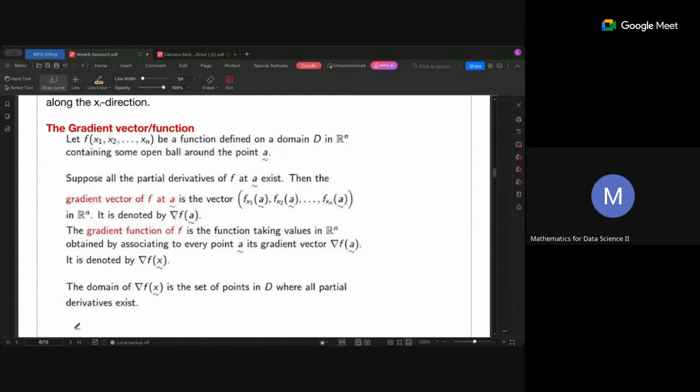Suppose you are having a function of several variables, then you find the partial derivatives with respect to each of these variables in the domain and put them as a vector. That will give you the gradient vector. Okay. So what is the domain of this gradient function? Set of all points where all the partial derivatives exist.